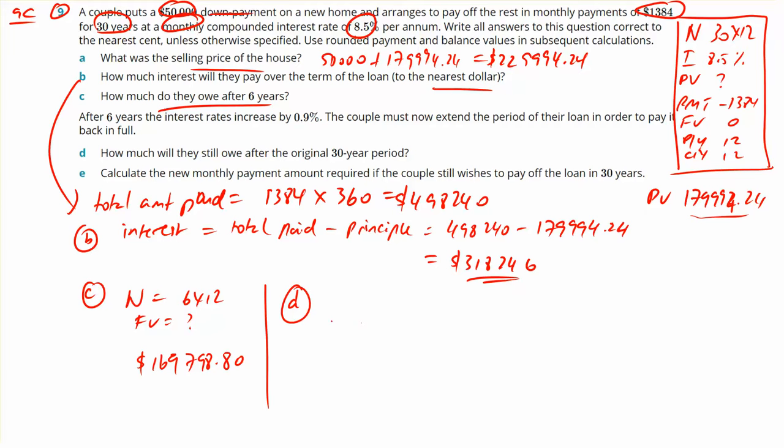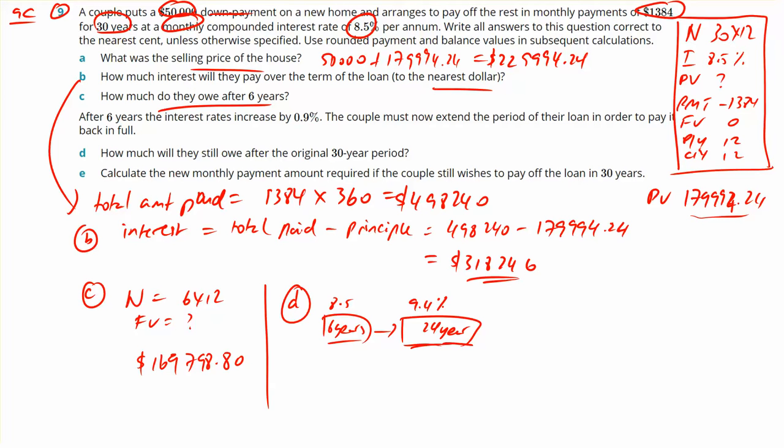After 6 years, they transition to a new interest rate. So this is 8.5%, this is 9.4%. And if they were to pay the loan for another 24 years, because that gets up to 30 years, how much do they still owe?